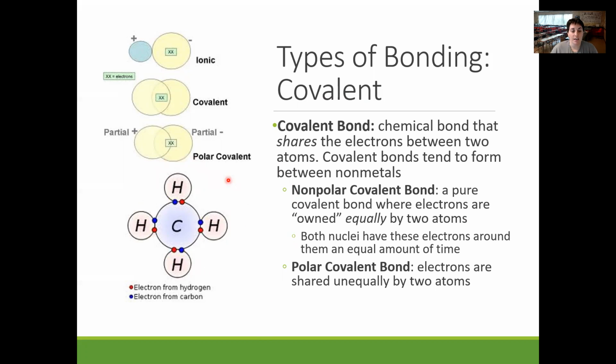So you can see here in this diagram, this carbon is sharing electrons with each of these hydrogens. That is shown by 2 electrons in between the 2 atoms, and you can't really tell which one belongs to which. They're being shared. They're drawn in the middle. So that is a representation of a covalent bond.